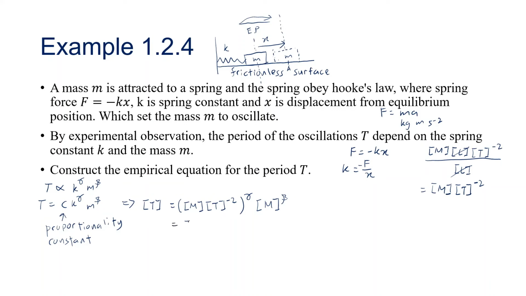So this equals M to the alpha, T to the negative 2 alpha, and M to the beta. Now you can see the two M terms have the same dimension, so we can just write M to the alpha plus beta, T to the negative 2 alpha.